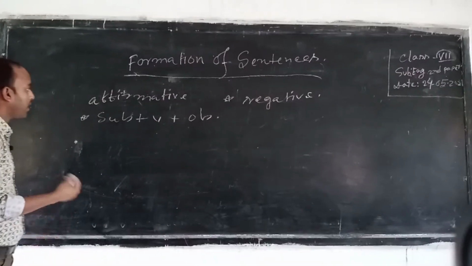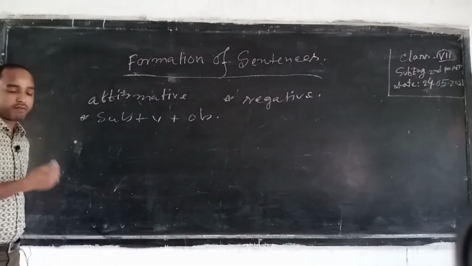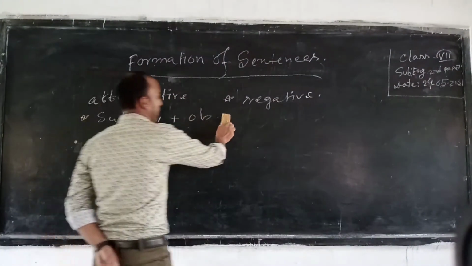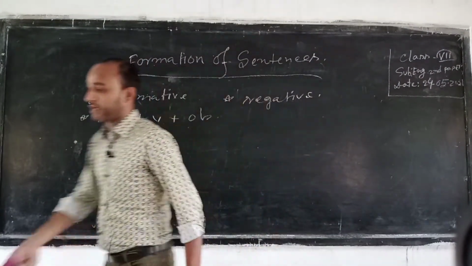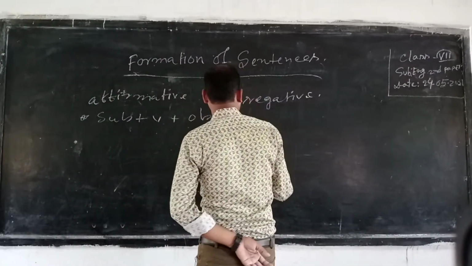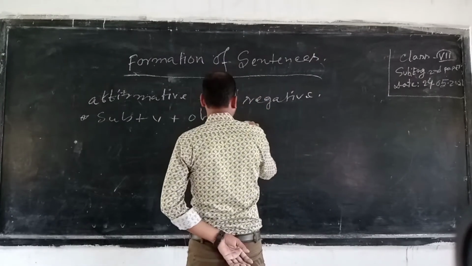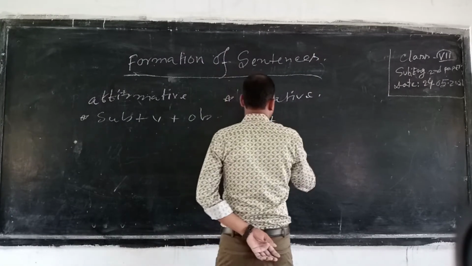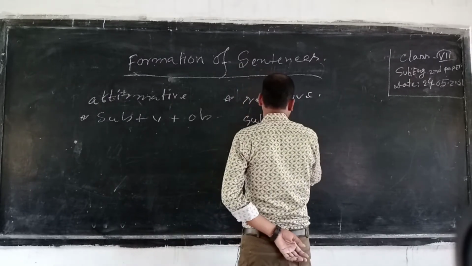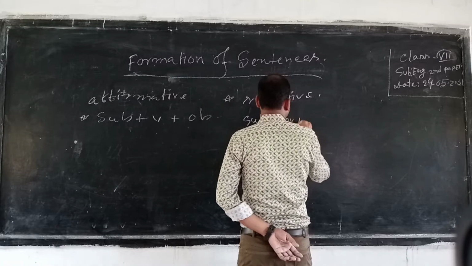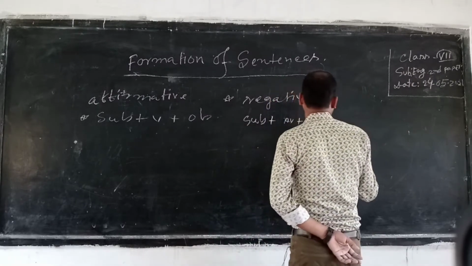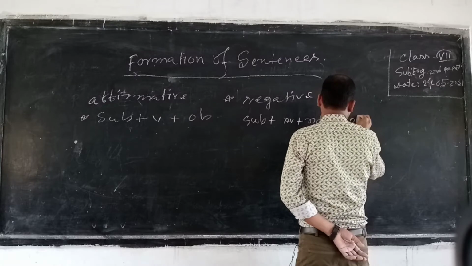Now we will know how a statement or affirmative is changed into negative, or how affirmative is made and negative is made. An affirmative statement is formed with subject, then verb, then object, but negative is made with subject, then auxiliary verb, then not, then object.